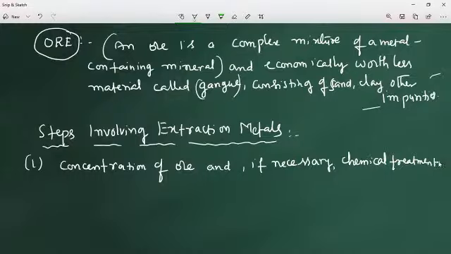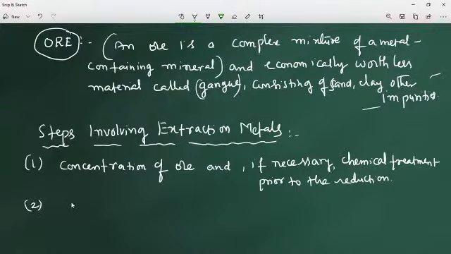Chemical treatment prior to the reduction is called concentration of ore.